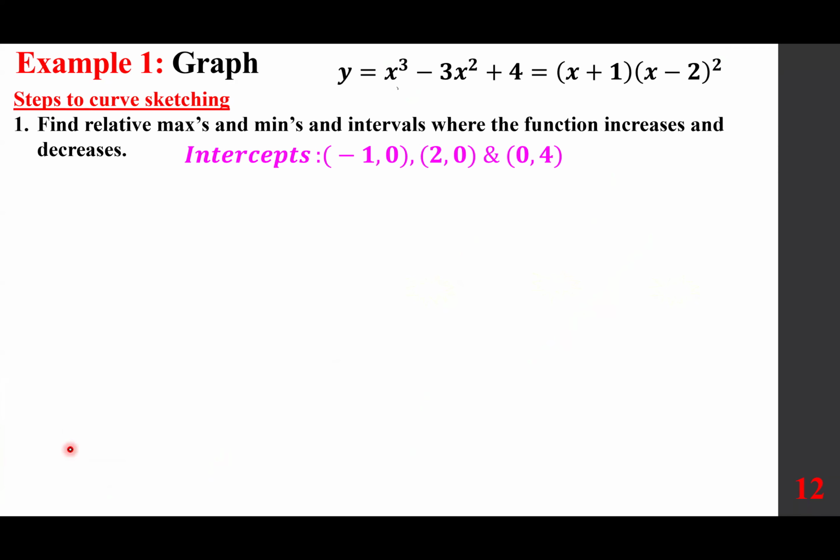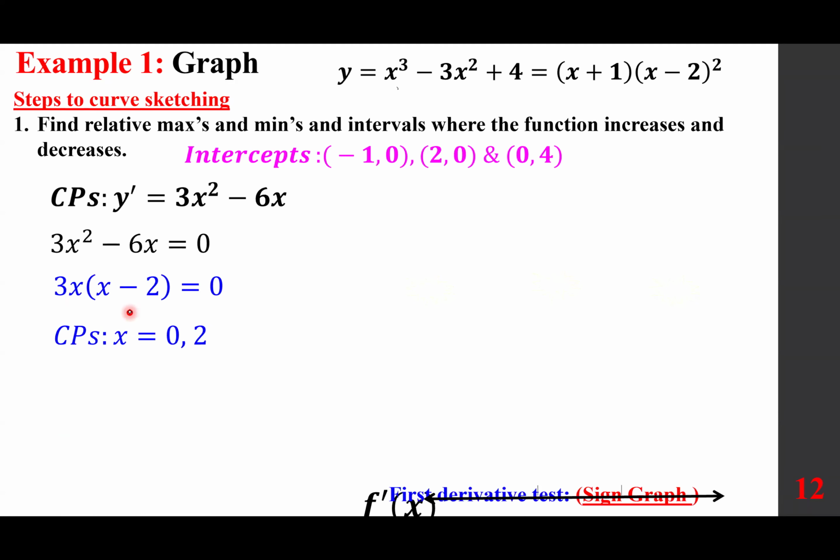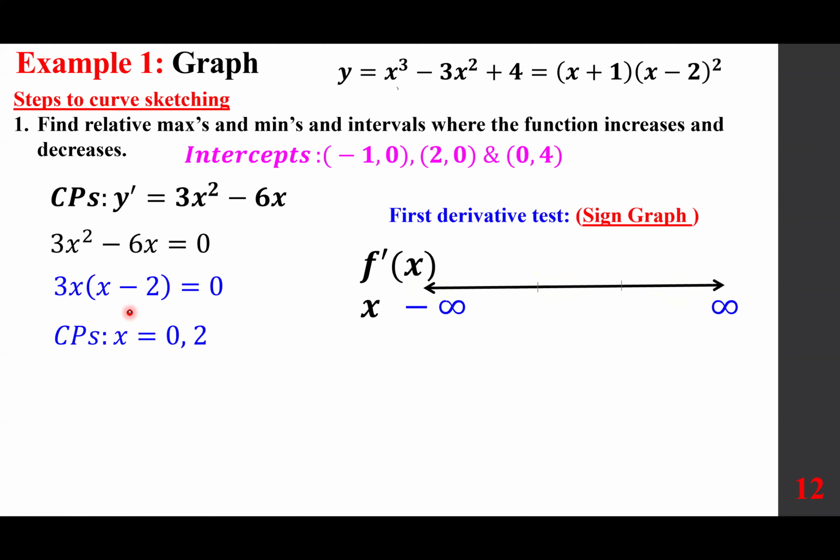So the very first thing is to take the derivative, which is 3x squared minus 6x. And to set this equal to 0, we factor the 3x out. And x is either 0 or 2. Now to do the first derivative test, we have to do the sign graph.